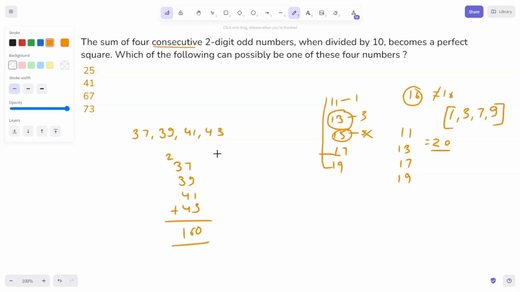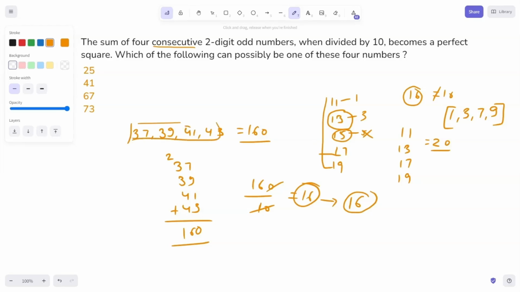As you can see, our sum is 160. If we divide this number by 10, it is 16. And as you can see, 16 is a perfect square. So we can say that out of these 4 numbers, 41 is in the option. So our second option is correct.